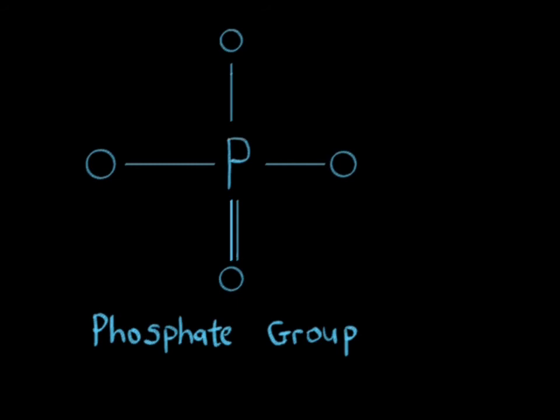The next group we are going to study is the phosphate group. The phosphate group consists of a phosphorus atom to which 4 oxygen atoms are attached, which are negatively charged.